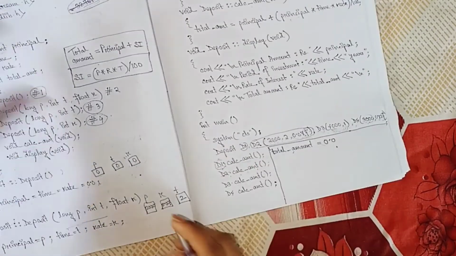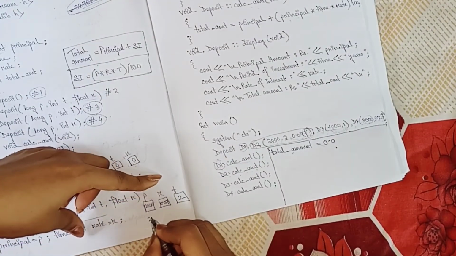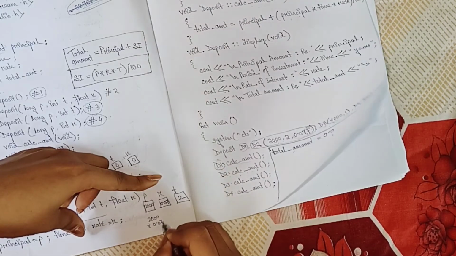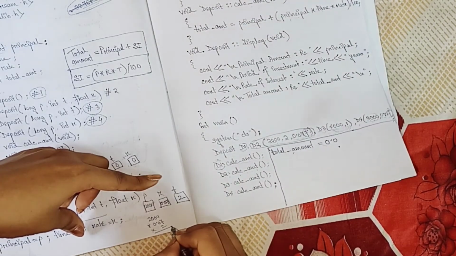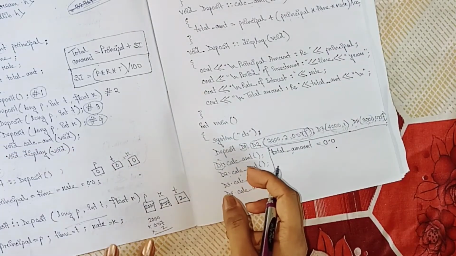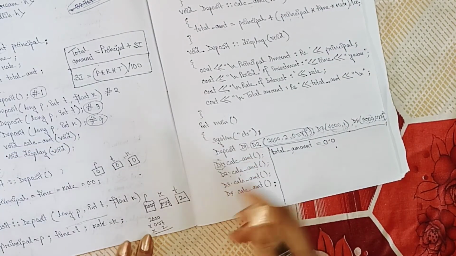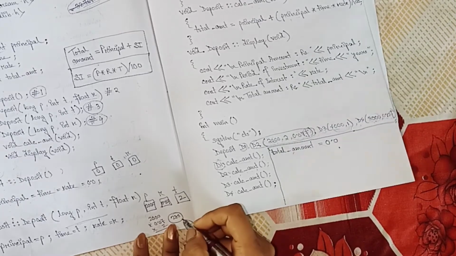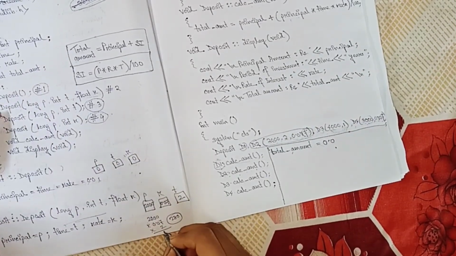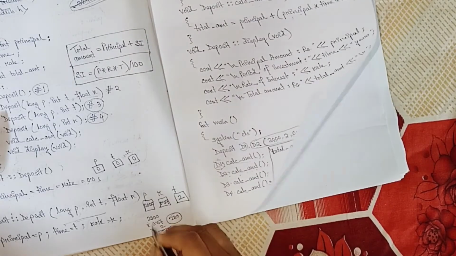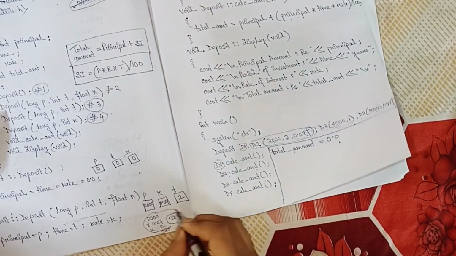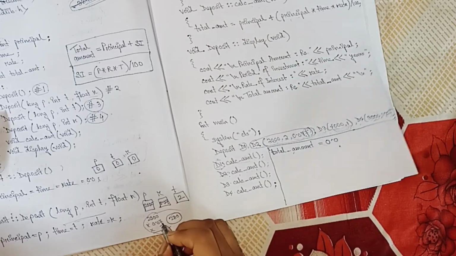If we multiply 2000 into 0.07 into 2, it will come out as 280. You can do it yourself. So from here you will get 280, which means our SI is 280 here.